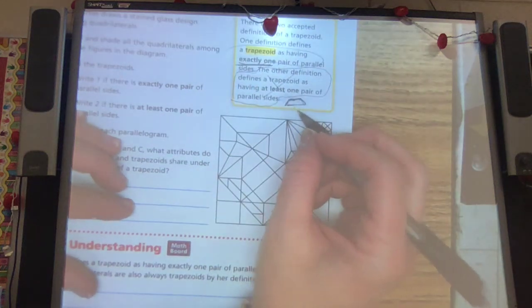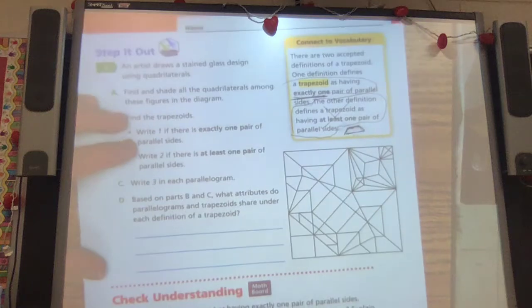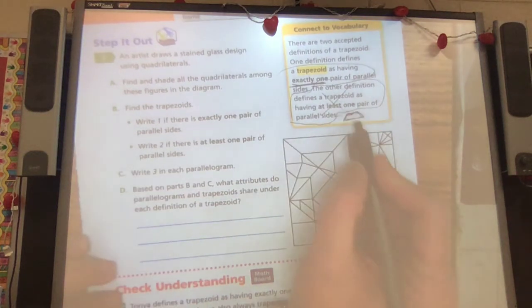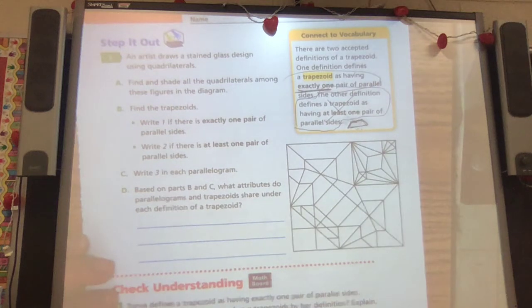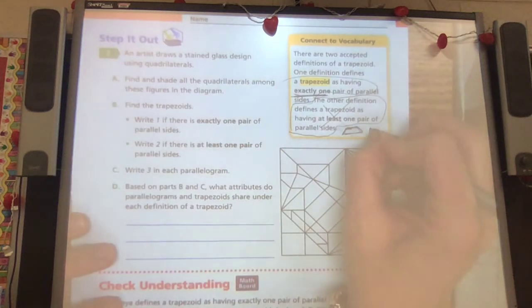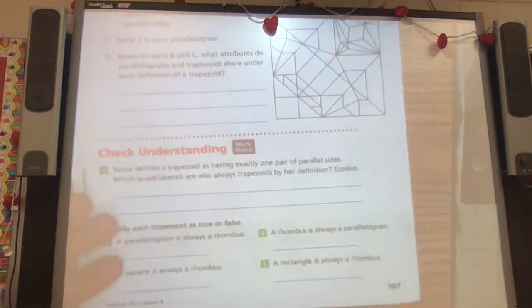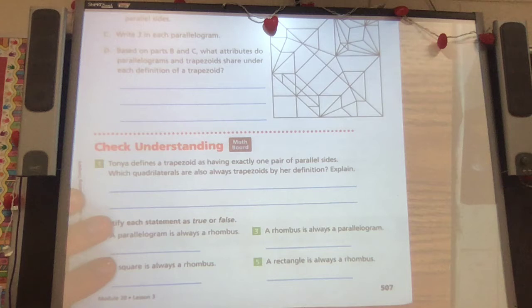That is how we see trapezoid, and that's how I've always seen it when we've taken tests and things like that. This is most of the time what a trapezoid looks like, but it doesn't always look like that. Sometimes it looks like this, where you have a straight side here, but again, there are those parallel sides. Okay, so Tanya says a trapezoid has exactly 1 pair of parallel sides.